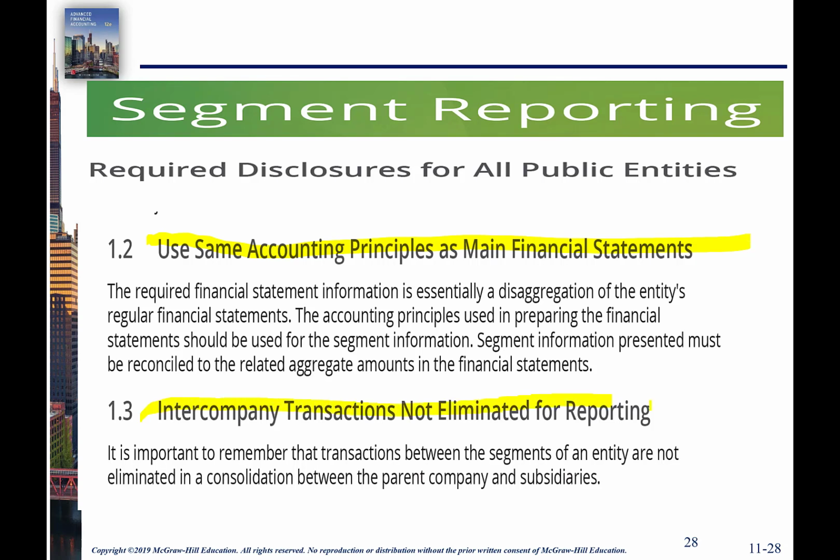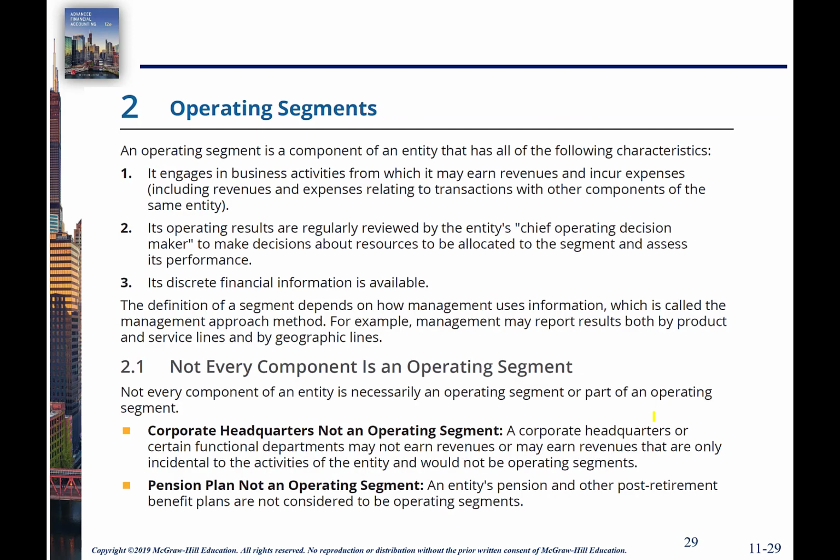When we're determining a segment, we are not going to be eliminating intercompany transactions. So when we report a segment, we don't eliminate intercompany sales, and when we identify whether a segment is large enough to have to be reported, we will not eliminate intercompany transactions. You'll see that in some of the examples coming up.